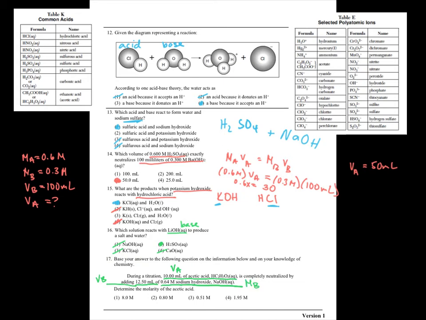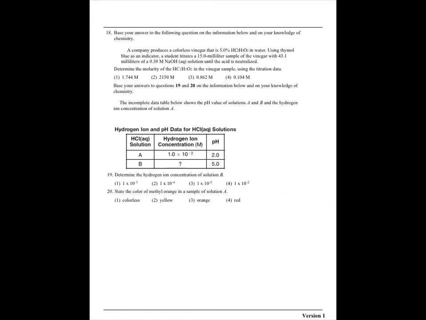We're looking for Ma. You should get 0.8 molar, and that's choice 2. Number 18 is more titration questions.